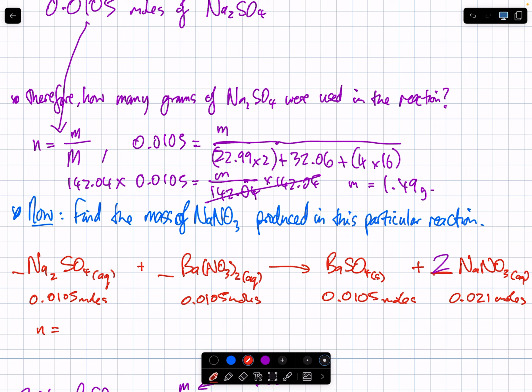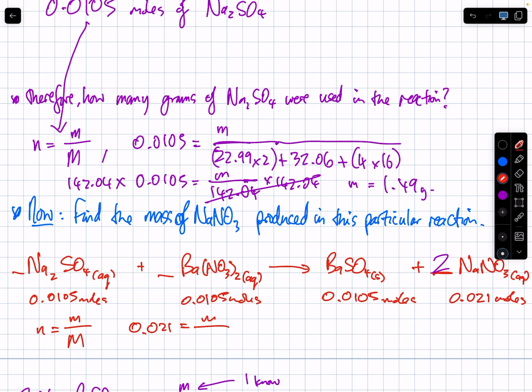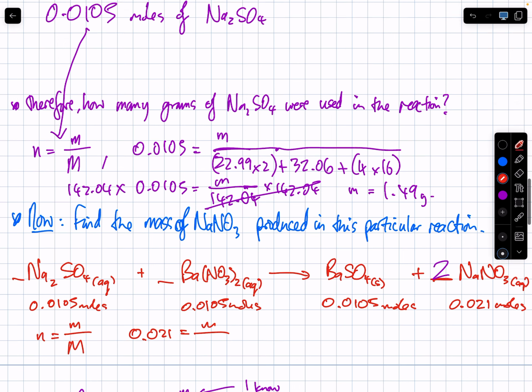Okay, now we have a formula. Number of moles is equal to the mass of something over the molar mass. Do I know how many moles of this substance I'm going to get? Yeah, that's what we just worked out. 0.021 is equal to the unknown mass over the molar mass. We need to find the molar mass of sodium nitrate, I think it was.